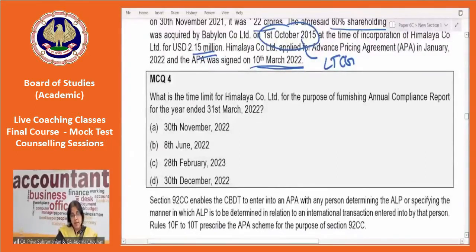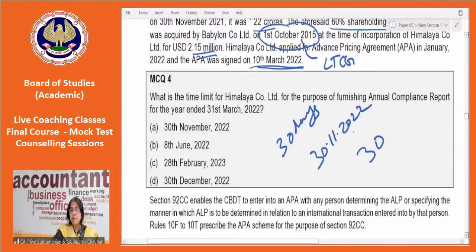As per the advance pricing agreement scheme, you have to file the annual compliance report within 30 days from the due date of filing return of income. The due date of filing return of income is 30/11/2022. So 30 days from that will be 30th December 2022. Or 90 days from the date of agreement, that is from 10th March.